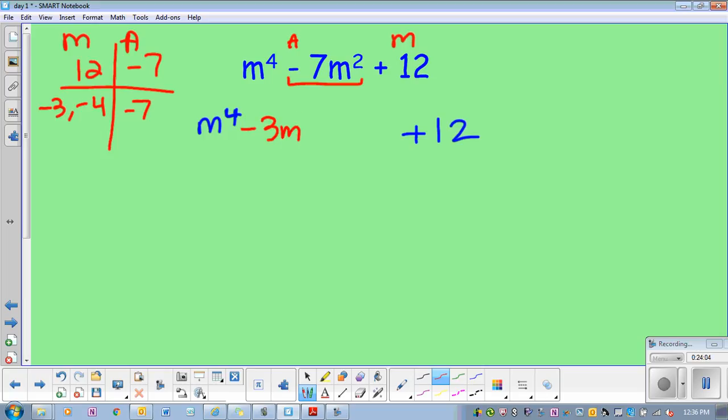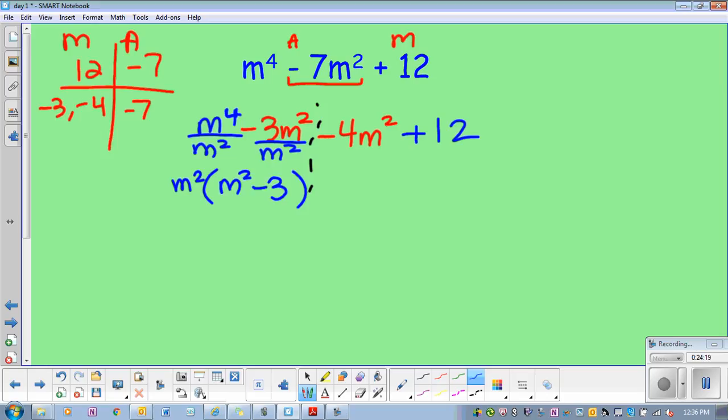Minus 3m squared minus 4m squared. Divide it in half, find the GCF. On the right-hand side, your GCF should be negative 4, right? Please be careful if it starts with a negative. You need to bring that negative.